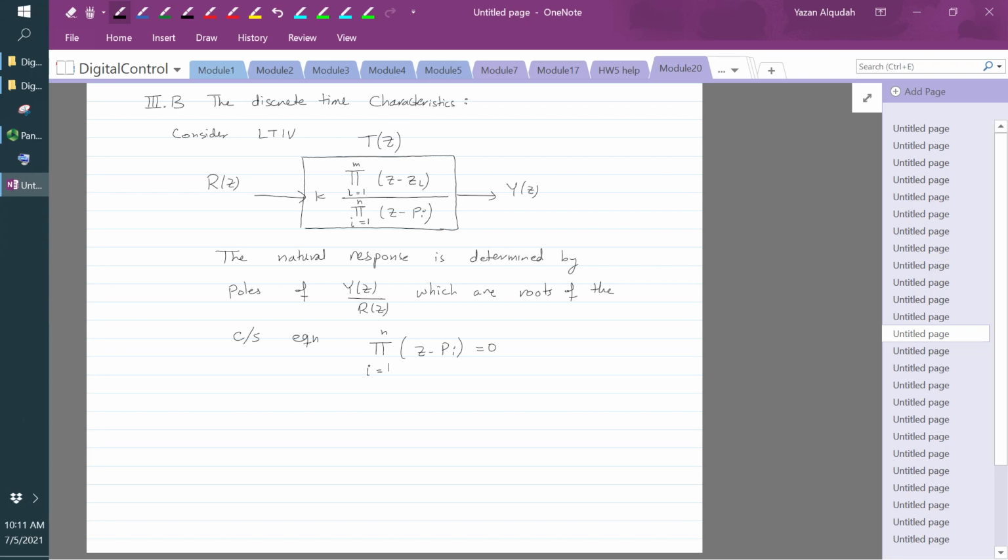And we're going to see that the natural response is determined by the poles of y of z over r of z, which is the transfer function, which are the roots of the characteristic equation, which is the denominator in this transfer function. So if I take the roots of this transfer function, this is what's going to determine the response of our system.